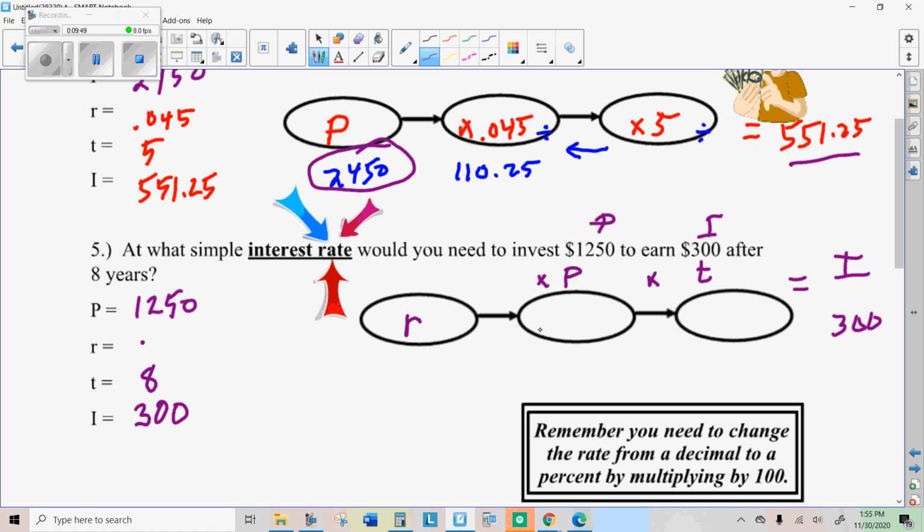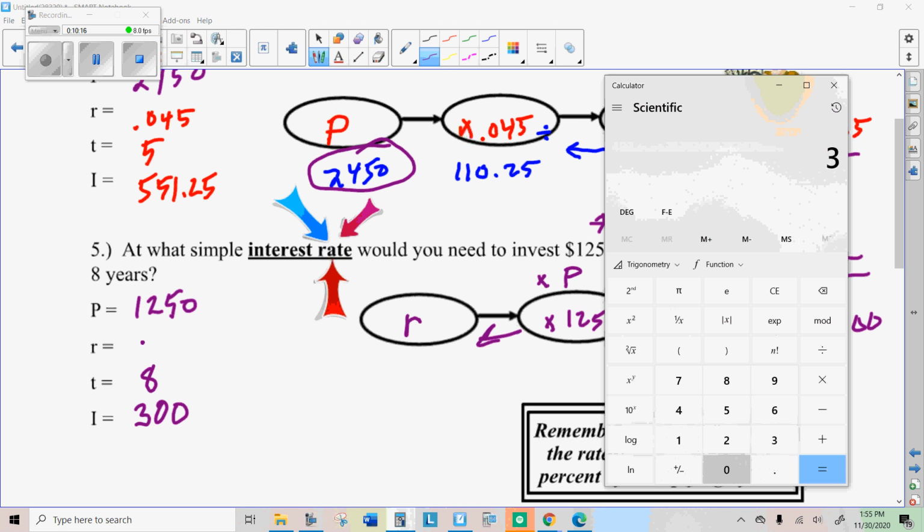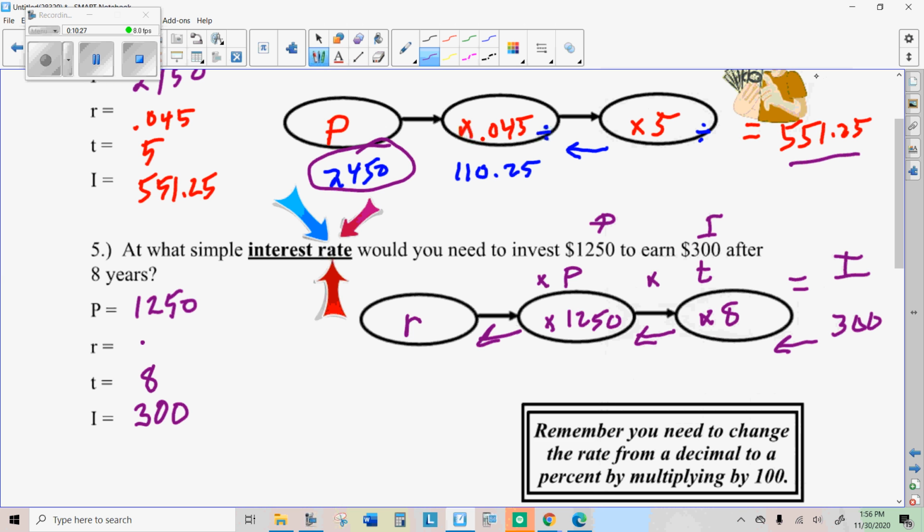All right. And my principal is 1250, and my time is 8. So if I work backwards, and I take 300 divided by 8, that'll give me this number that goes here, and then if I divide that by 1,250, that'll get me back to R. All right, so 300 divided by 8 divided by 1,250 equals 0.03.